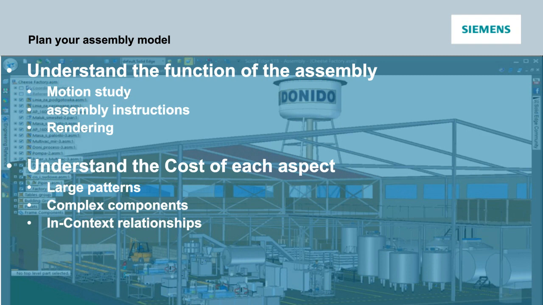Large patterns, parts with complex faces, such as screws with helical threads, knurled surfaces. I know as a CAD user myself, it's very gratifying sometimes to make an incredibly detailed model that's got every little fillet perfect, and it's got extruded text and all of this on it. That can all be great and very gratifying to see, but does it really add any value to the end product that you're trying to create?